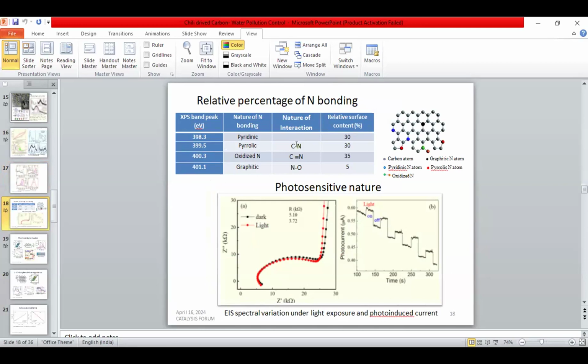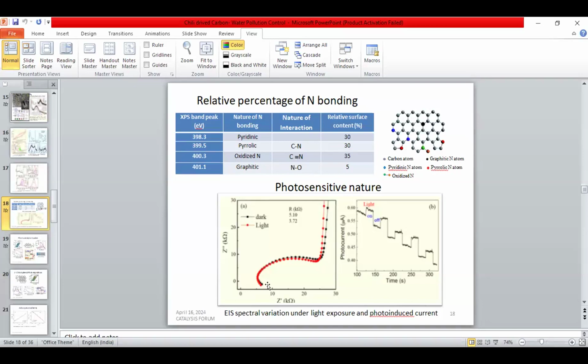Pyrrolic, a functional group attached to carbon, is 30%, and oxidized nitrogen is 35%, and graphitic is the inner functional group. So this indicates that nitrogen is present in different valence states and different configurations in the carbon. This is the model showing the presence of nitrogen in these configurations.